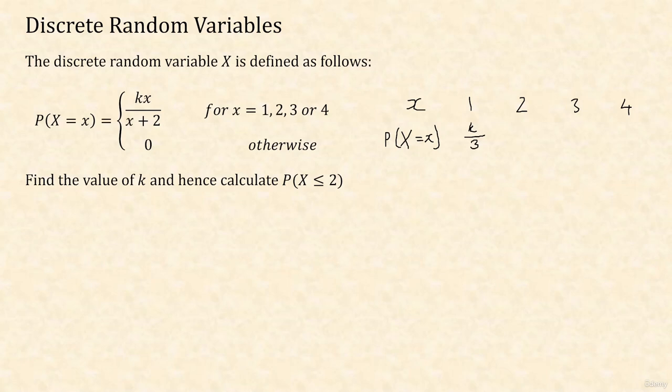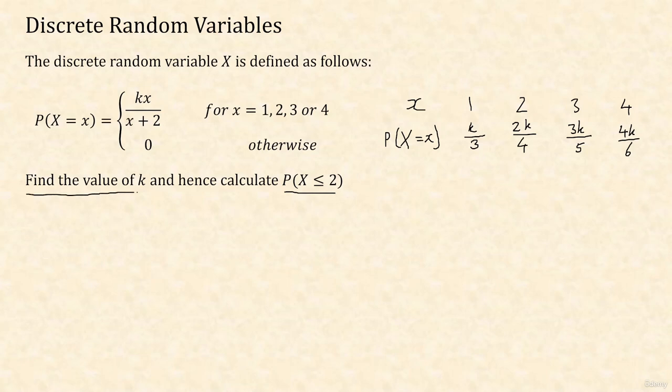So when x is 2, I have 2k over 2 plus 2, so 2k over 4, which I know can be simplified. When x is 3, we have 3k over 5. And finally, when x is 4, we have 4k over 6.